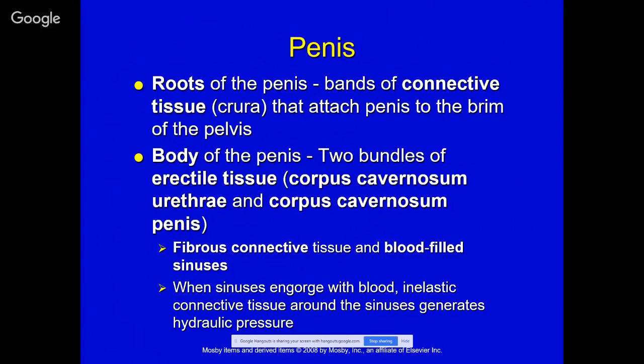The body of the penis is two bundles of erectile tissue, the corpus cavernosum urethra and the corpus cavernosum penis. They are fibrous connective tissue and blood-filled sinuses, and when the sinuses engorge with blood, that inelastic connective tissue around the sinus generates hydraulic pressure, which causes the erection.